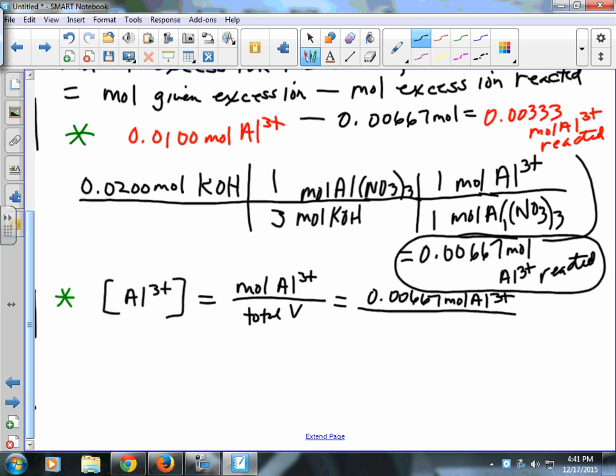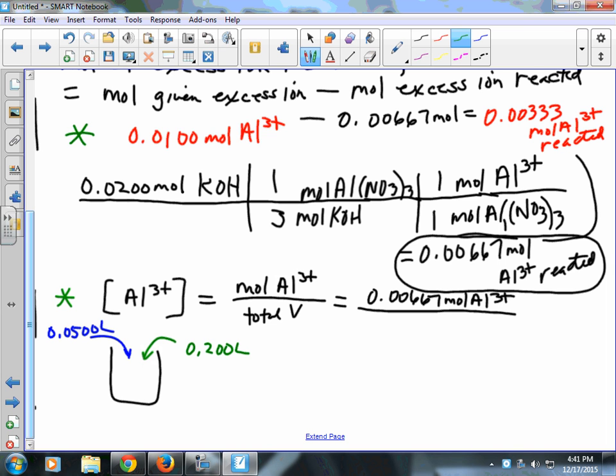We had given, we've got the beaker, and we're pouring into the beaker 0.05 liters of aluminum nitrate, and we're pouring in 200 milliliters or 0.2 liters of the KOH.